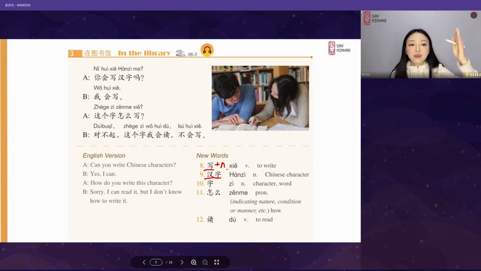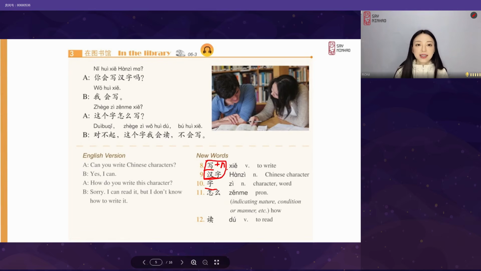So as we can see 字 actually means character, which is the third new word. 字 means character, word. 汉字. Okay, now try to say write Chinese character. It is 写汉字. Okay.